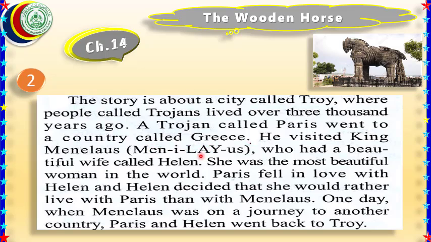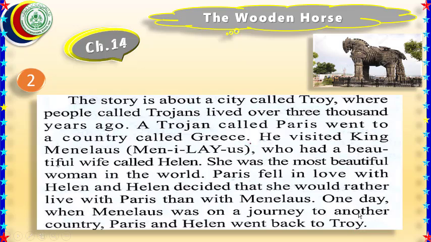He visited King Menelaus, who had a beautiful wife called Helen. She was the most beautiful woman in the world. Paris fell in love with Helen, and Helen decided that she would rather live with Paris than with Menelaus. One day, when Menelaus was on a journey to another country, Paris and Helen went back to Troy.